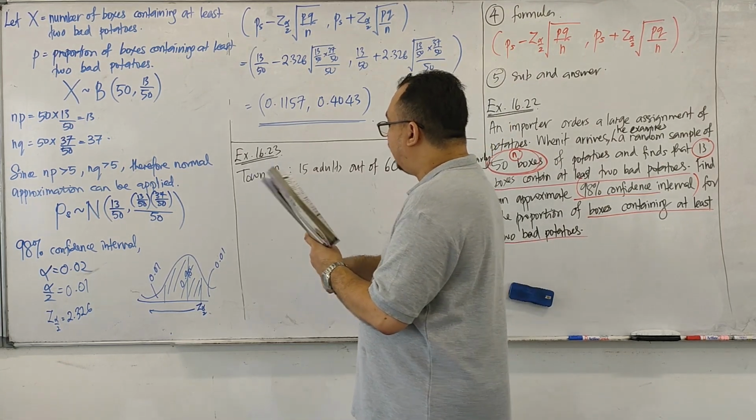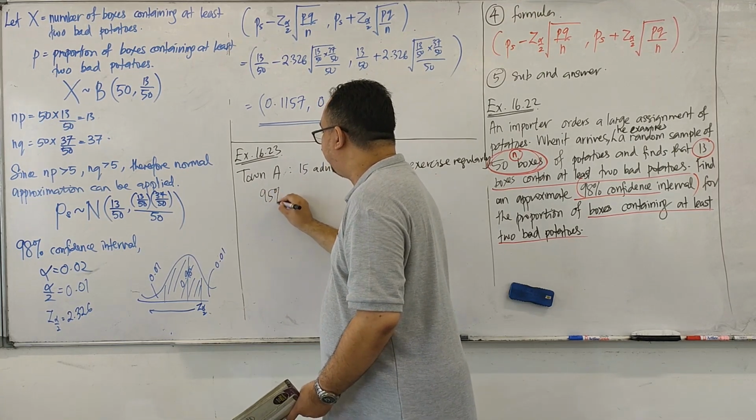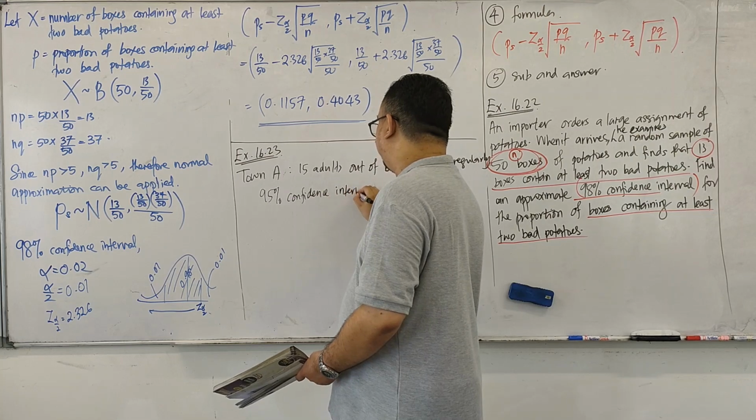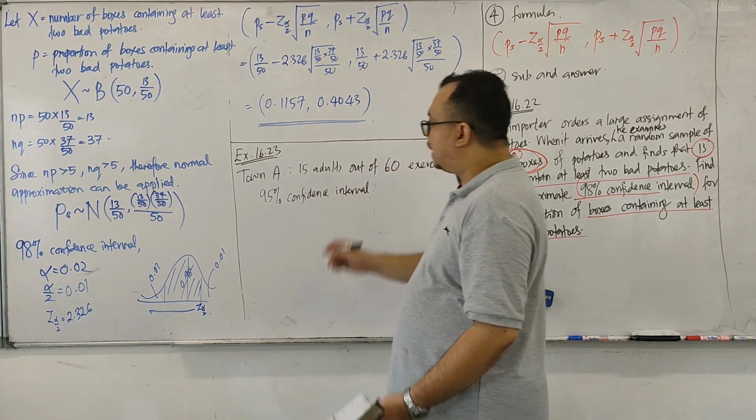Now we are required to find the 95% confidence interval. Okay, that is for town A.